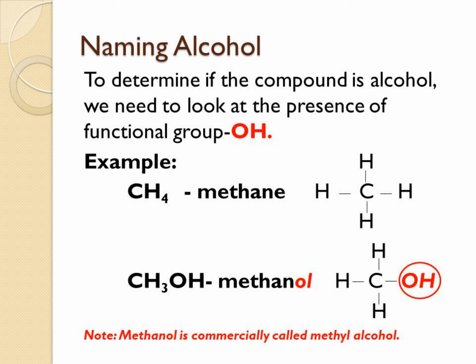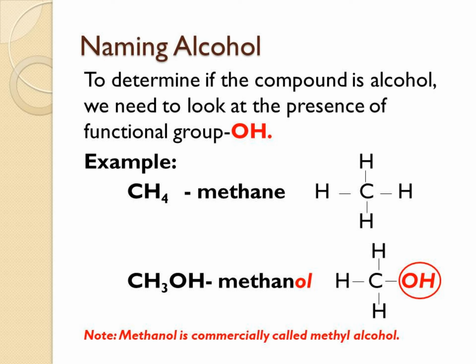So, naming alcohol. To determine if the compound is an alcohol, we need to look at the presence of the functional group OH. For example, CH4 or methane has a structural formula of C bonded to 4 hydrogen atoms. But if one of the hydrogen atoms is replaced by the OH, that becomes methanol with the formula CH3OH.